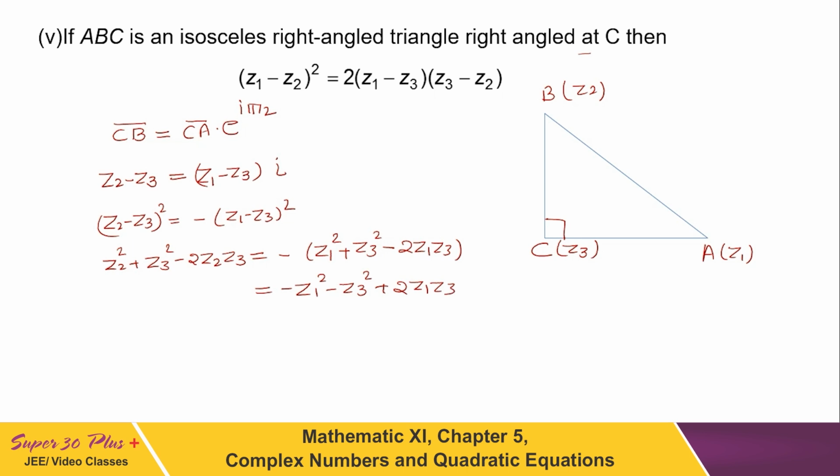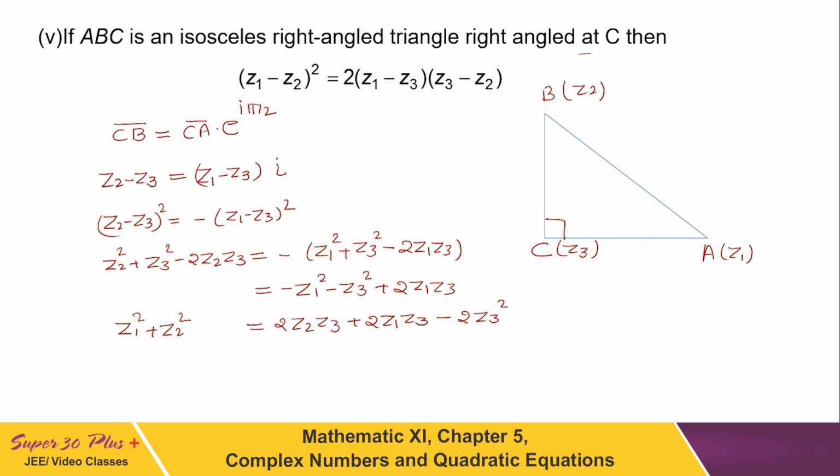And now again we are going to simplify it. It is Z1 square plus Z2 square is equal to, here it is twice of Z2 Z3 plus twice of Z1 Z3, and here is the minus 2 Z3 square.